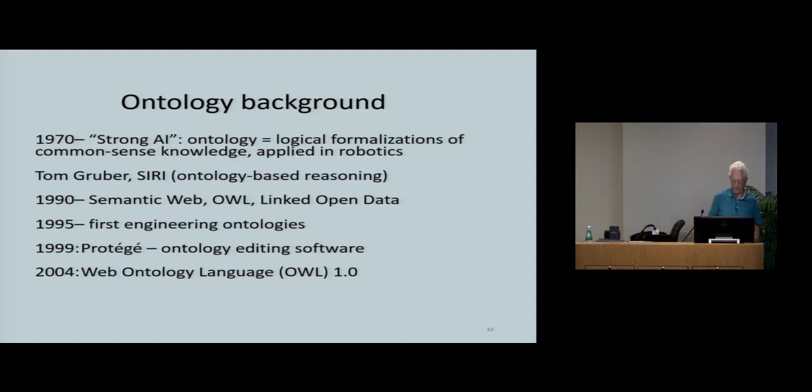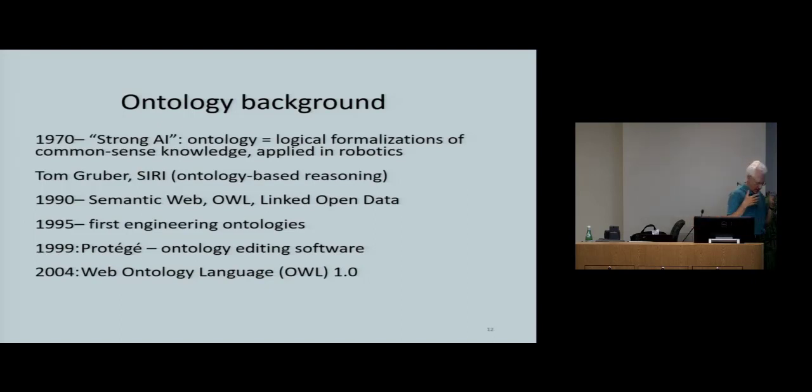That meant that they wanted to build computers that would be able to simulate what ordinary human beings do when they are engaging with everyday reality. And the tool that they chose was first-order predicate logic.